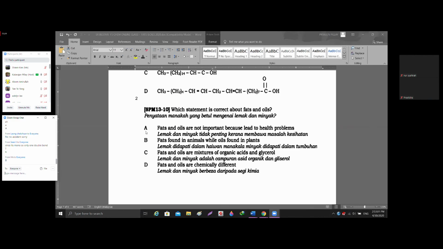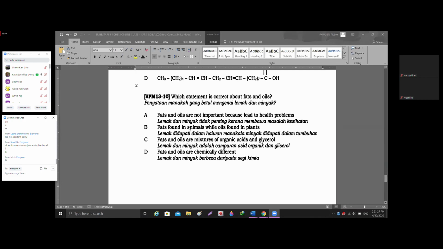Usually oils won't lead to health problems. Only fats will, because oils are healthy unsaturated fat. Fats here we are talking about animal fat. So that's why A is wrong. Oils don't create any health problem for us. It's only the saturated fats from the animals.